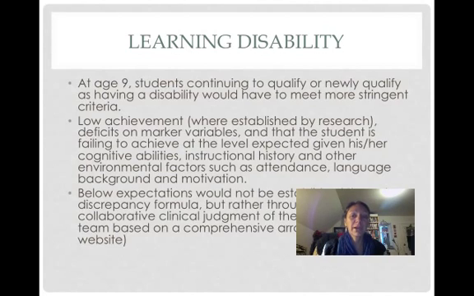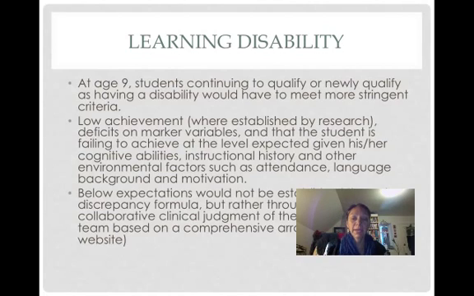And so of course you do have to have low achievement, and the student is not achieving at expected levels given their cognitive ability, instructional history, and environmental factors. But it used to be the expected versus performance IQ, so what they can do versus what they actually do, and that's what's changed.